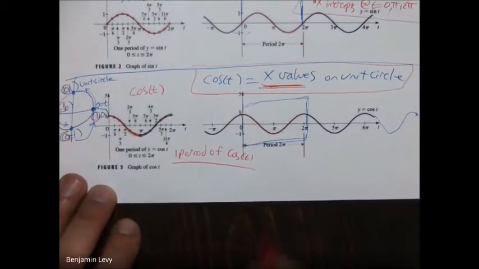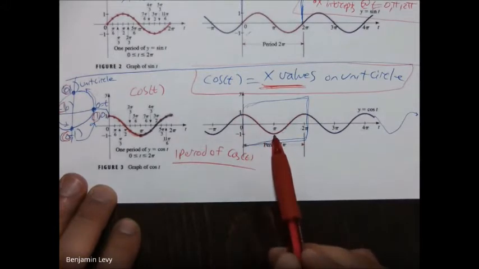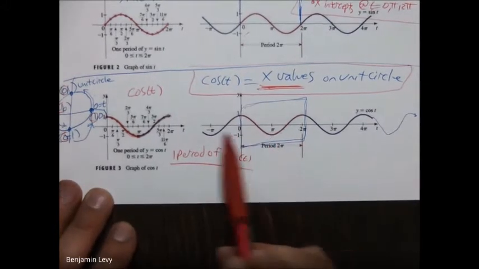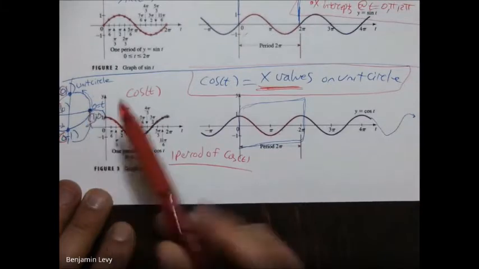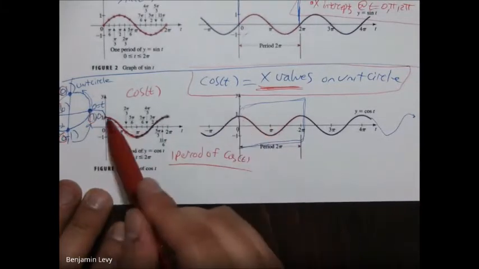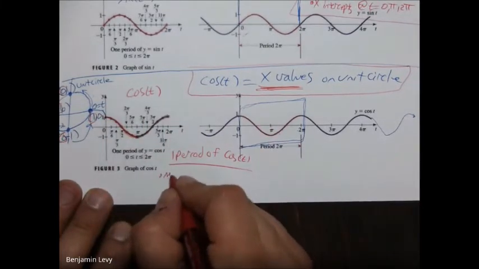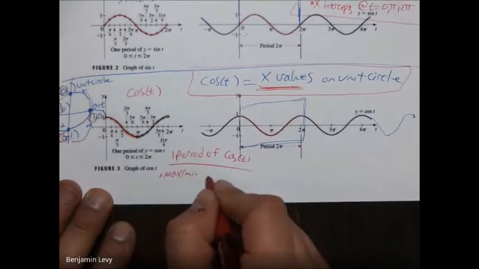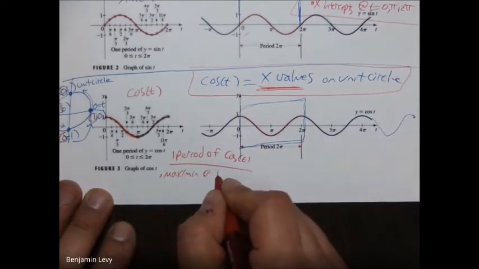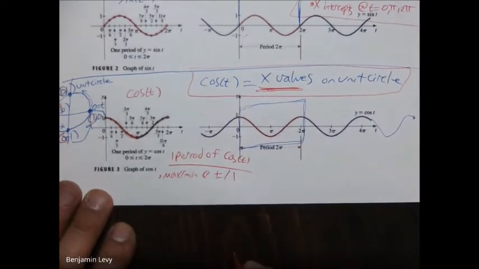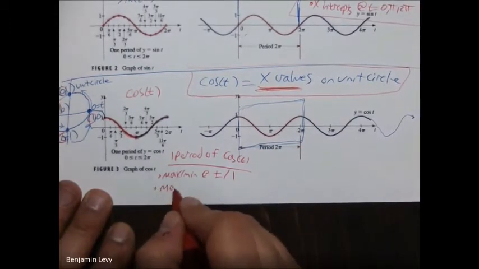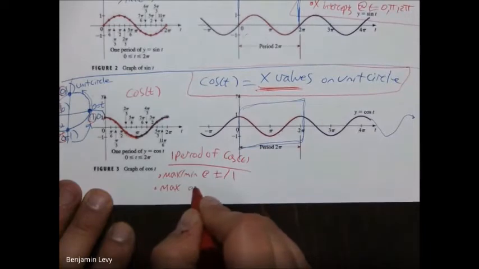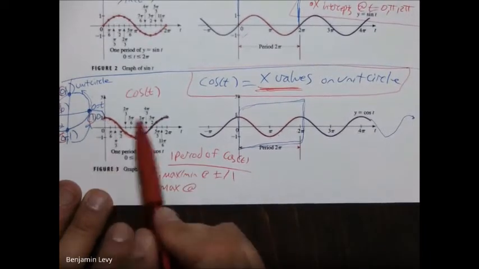The x values, again, had a max at 1 and a min at minus 1. They just happen at different places. So the max happened right at the start of the graph, and we had our max and min at plus or minus 1 again, except the max happened at the start and the end.